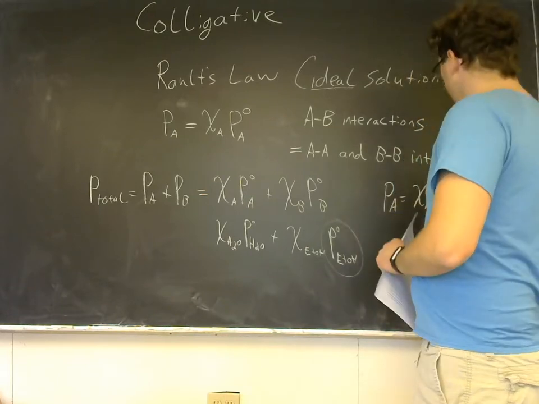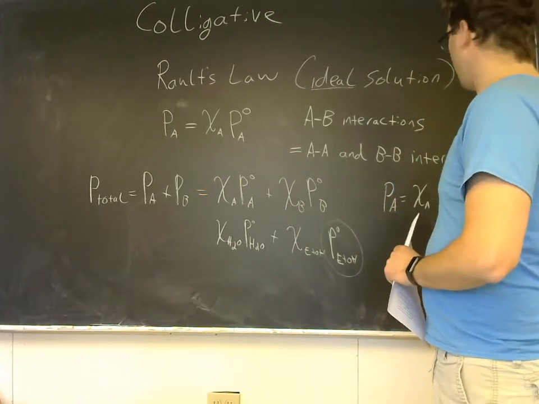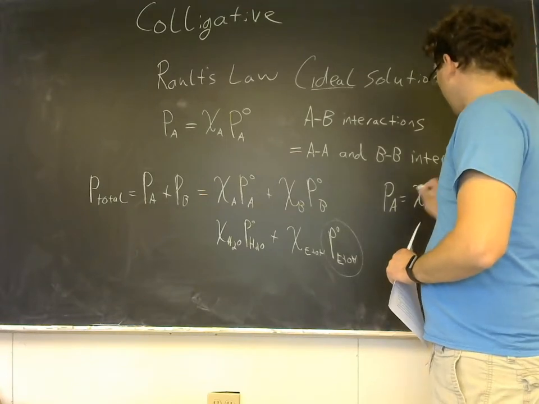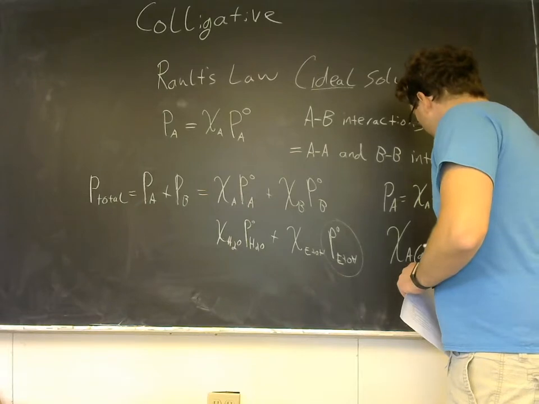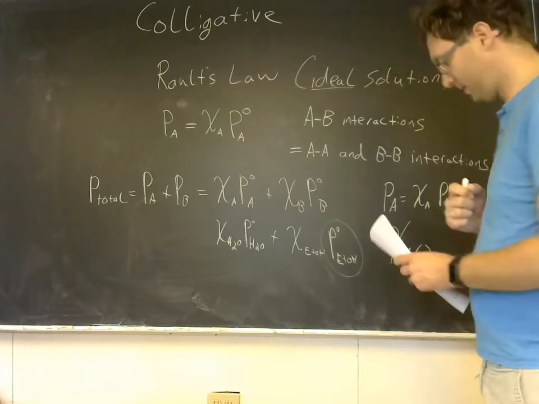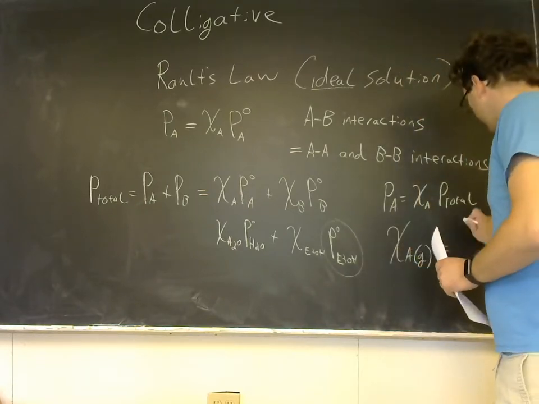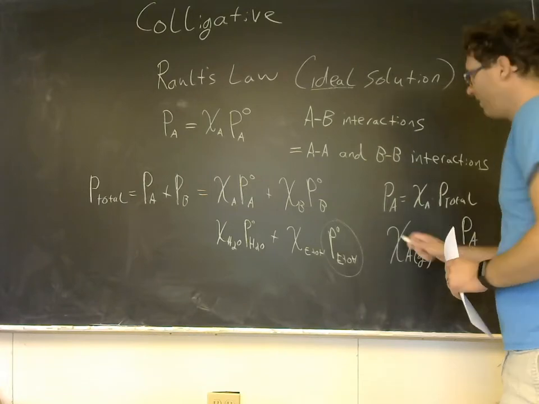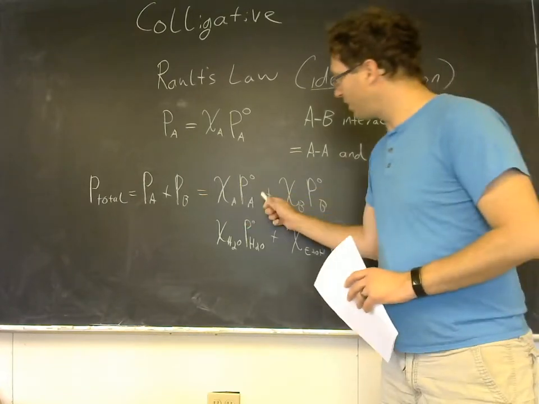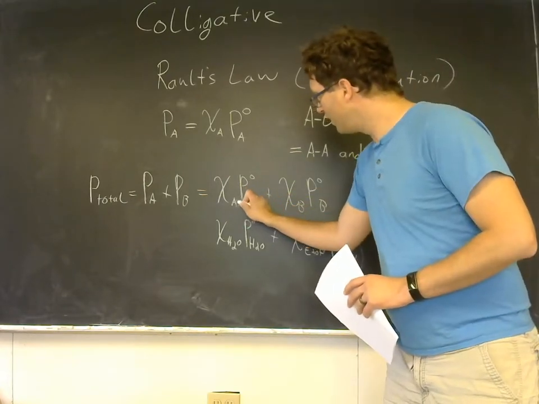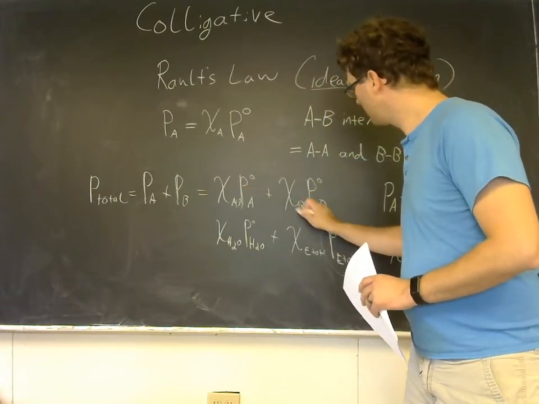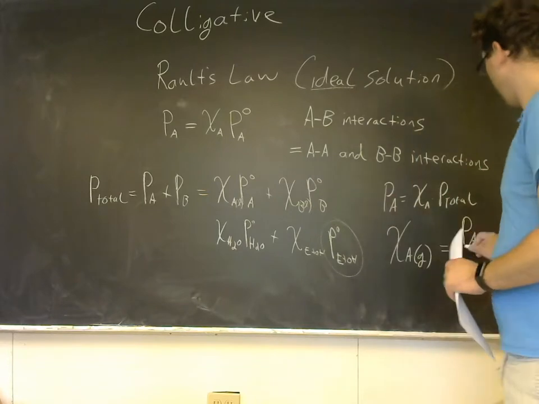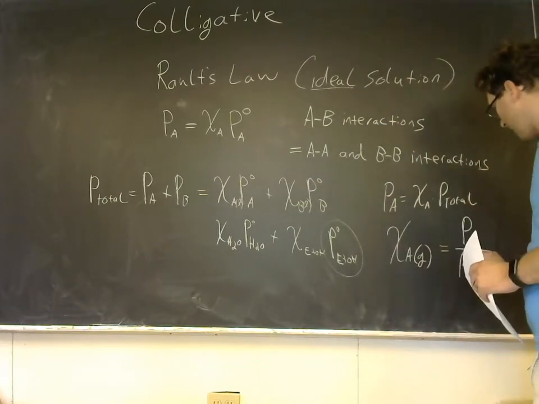And so if we wanted to figure out the mole fraction of A in the gas phase, then we would figure out what is the observed vapor pressure based on the mole fraction in the liquid phase, and divide that by P total.